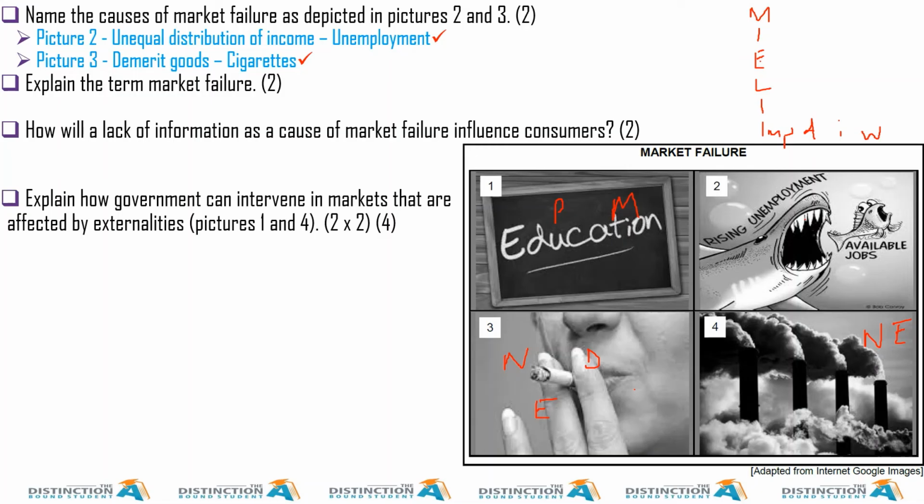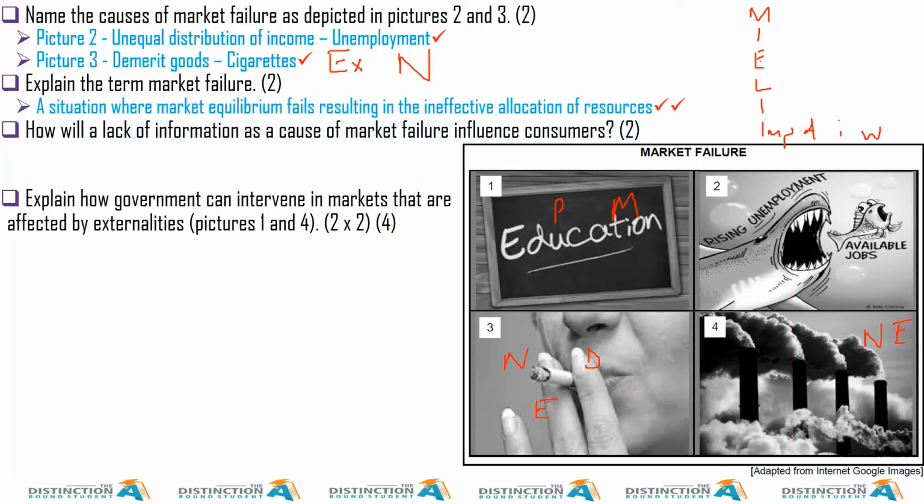Picture 3, it's externalities, actually negative externalities, because I want people to stick to this, because according to the exam guidelines, we should use these: missing markets, imperfect markets, externalities, lack of information, immobility of factors of production, imperfect distribution of income and wealth. So I would prefer saying externalities and then maybe saying negative. Picture 3, yeah, negative.